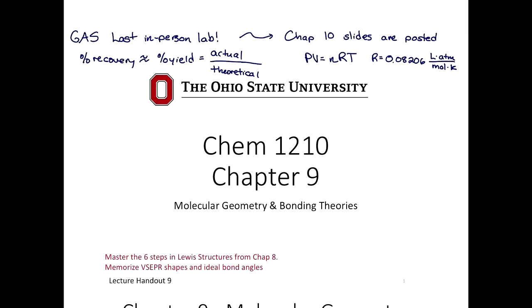So you can really just think of percent recovery as percent yield, where percent yield is your actual yield over your theoretical. Where theoretical comes from stoichiometry. You'll know how much theoretical yield of gas you make from the balanced chemical reaction.